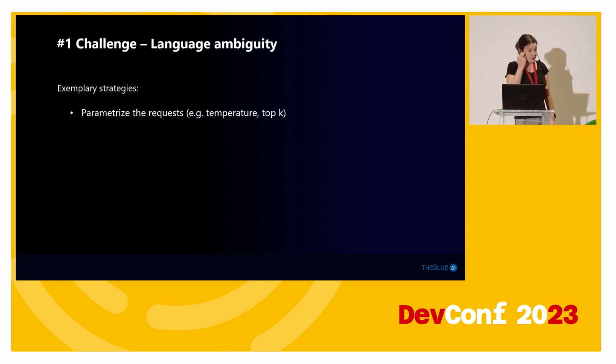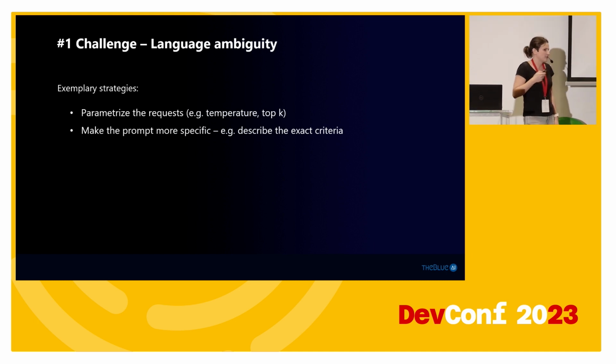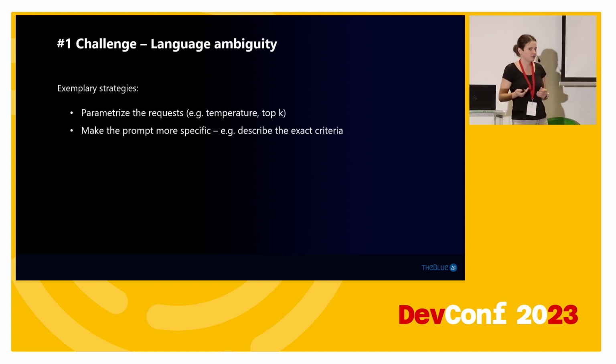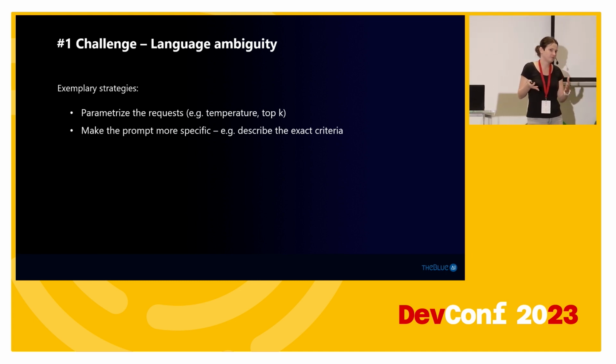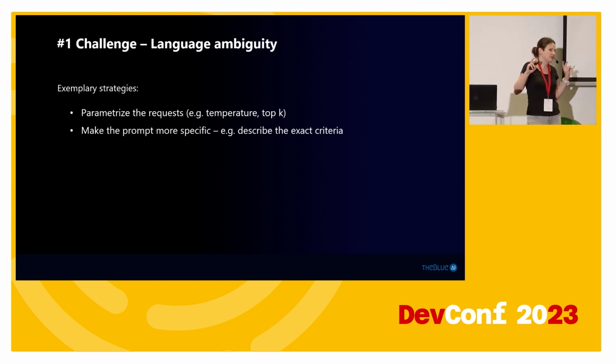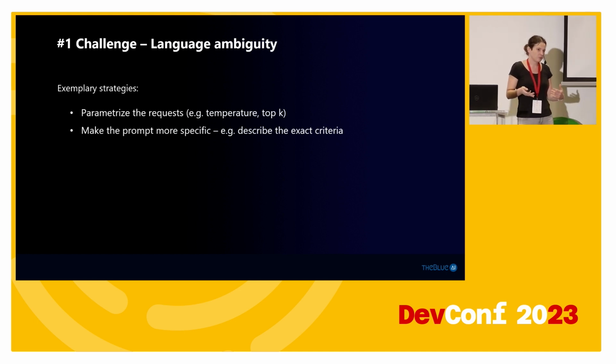So what can we do about it? The first 2 answers are quite straightforward. We can, of course, try to parameterize the model. If we know that there is one right answer, or we would like to have a more or less repetitive answer, what people call a less creative one, we can set the temperature, one of the parameters, to 0 or close to 0.